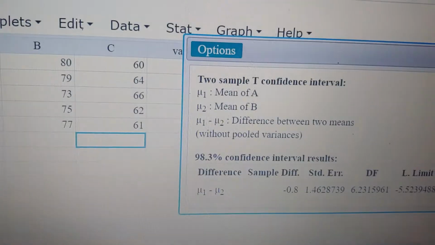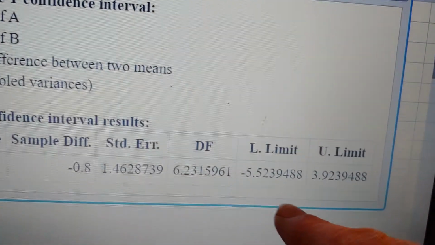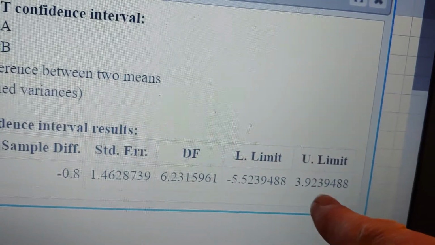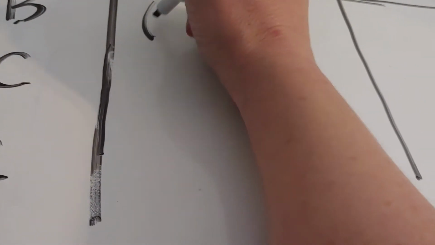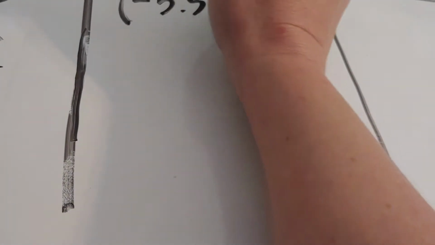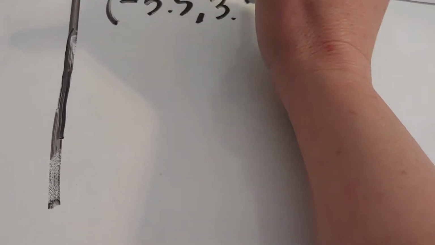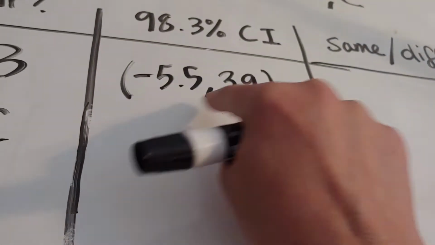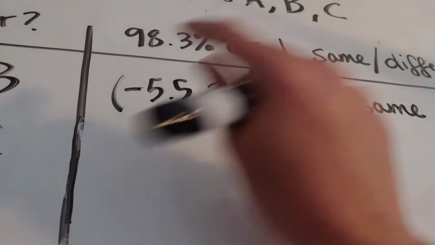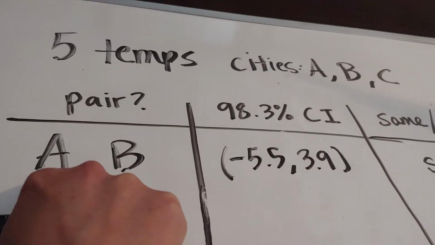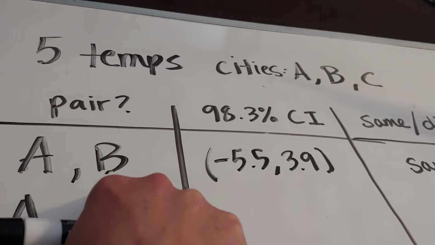All right, I'm going to hit compute, and we're going to see I get negative 5.5 to positive 3.9. I captured 0. If I captured 0, it means that they are the same. So what I have shown is that the mean temperature of cities A and B are the same.